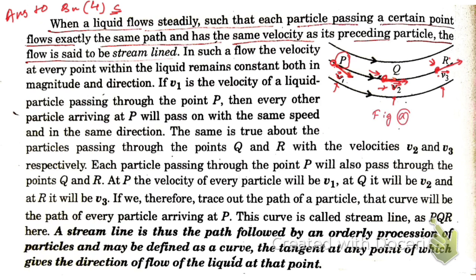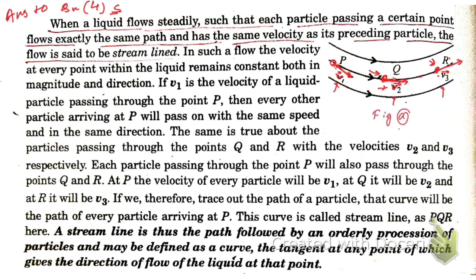Similarly, when the particle at point P will pass Q, its velocity will be v2. That means all the 3 particles, while crossing the same point, have equal velocity. They cross the same point with the same velocity, though they have different velocities at different positions.